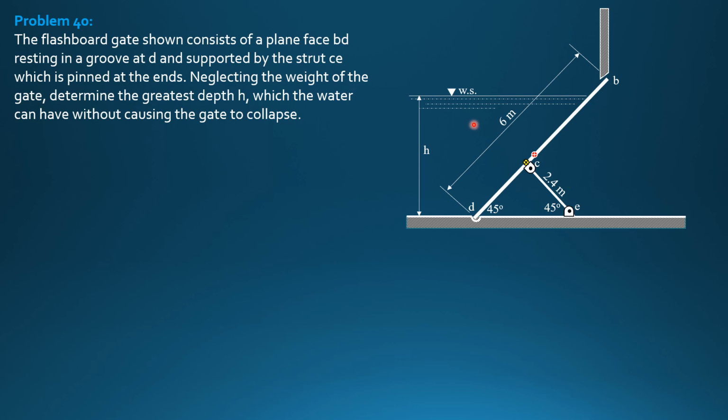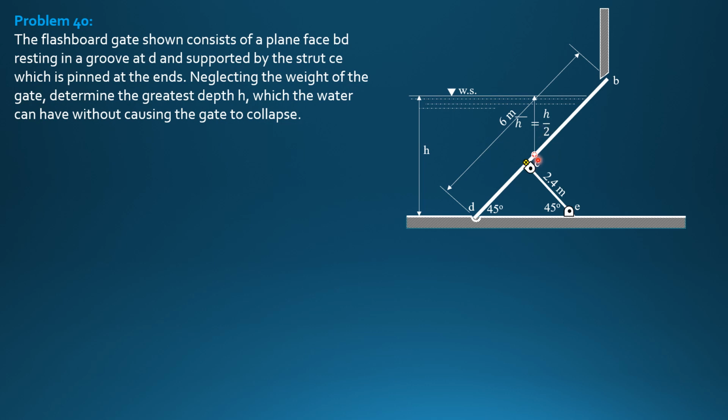Because this is the given figure and the gate is only partially submerged, if this is the depth h, then the distance from the centroid of the gate in contact with the water is half of h. In other words, h bar is h over 2.